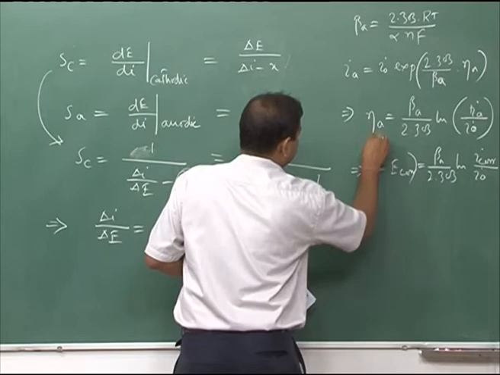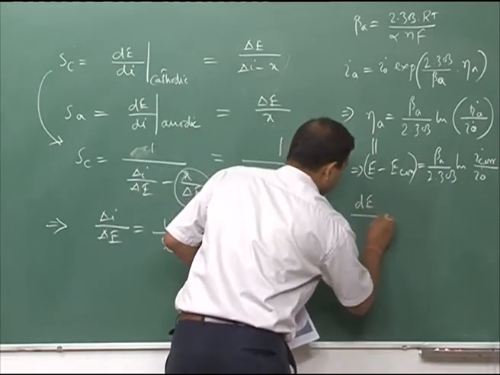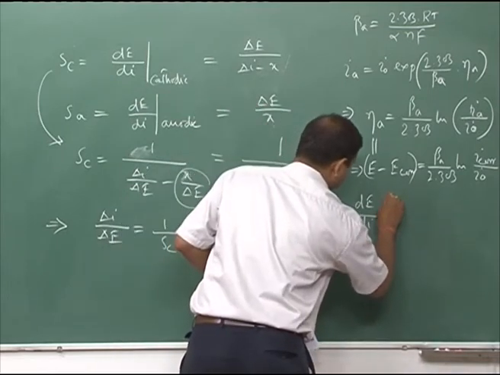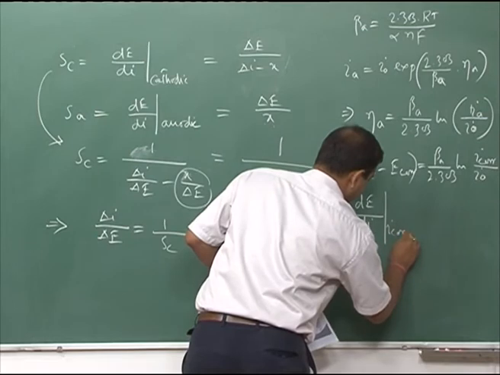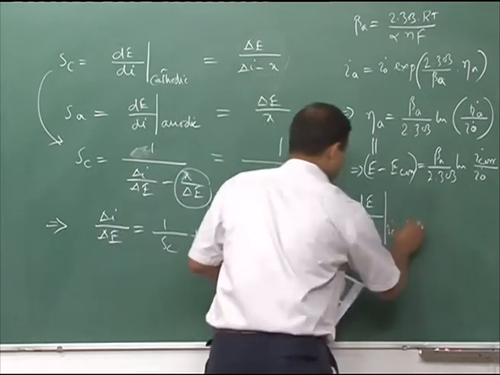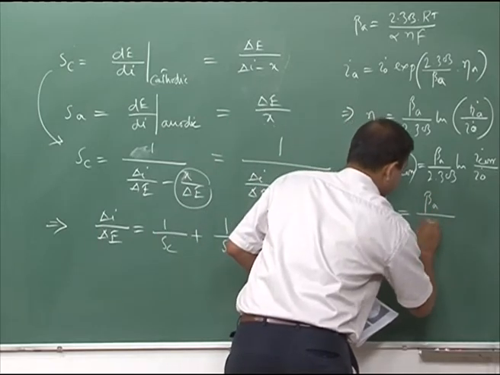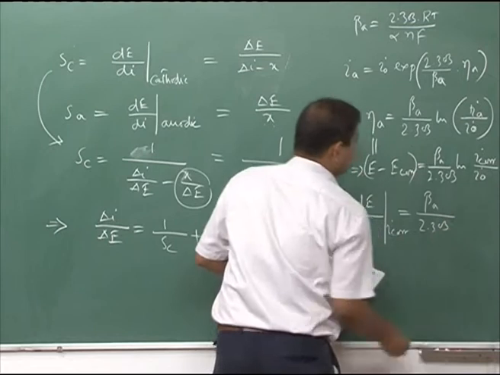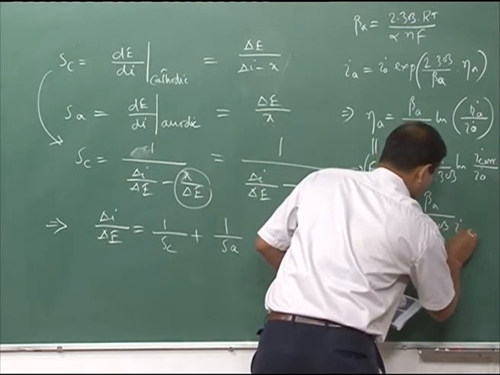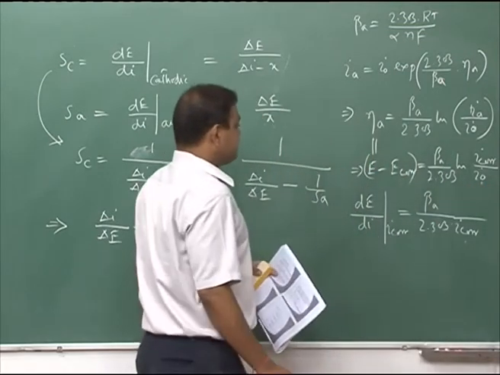This is eta A. Now, if we take the slope at I corr, then it would be equal to beta A divided by 2.303 I corr, because I 0 is a constant.